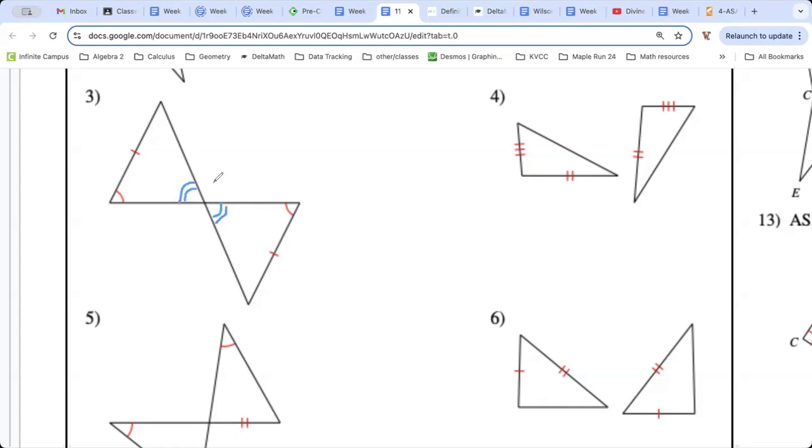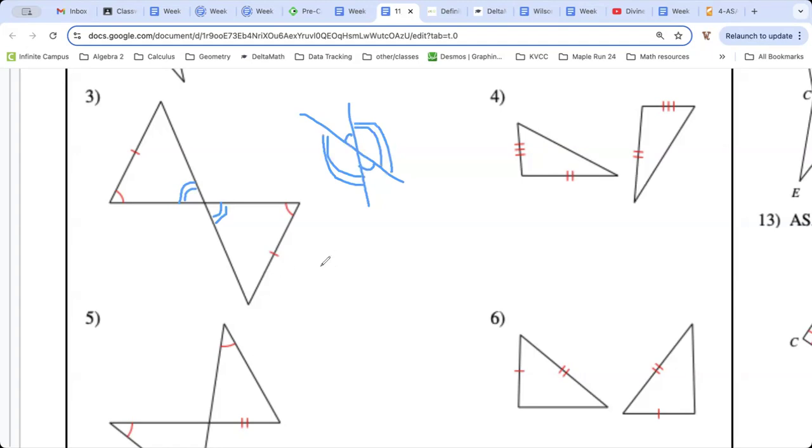Okay, let's reinforce this again. If you have two lines crossing each other and angles butting heads, this is a pair of vertical angles. And actually, every time this happens, you have two pairs of vertical angles. And vertical angles are congruent. Okay, so there you go. Now let's see. Side angle angle, or you can go angle angle side.